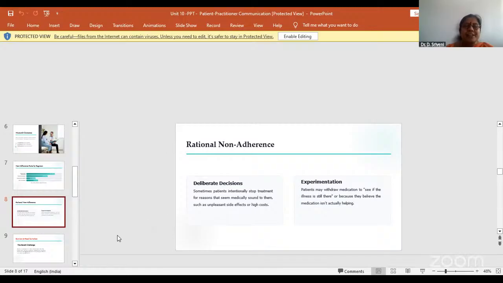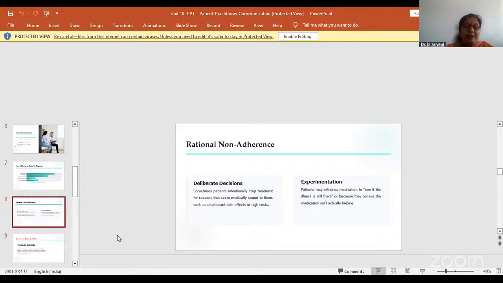And on rational non-adherence and cognitive barriers, it is a common misconception that non-adherence is always due to forgetfulness or bad behavior. Often, patients engage in rational non-adherence, where they make a deliberate, reasoned decision to stop treatment. This occurs if the patient believes the medication isn't helping and finds the side effects intolerable or cannot afford the cost.